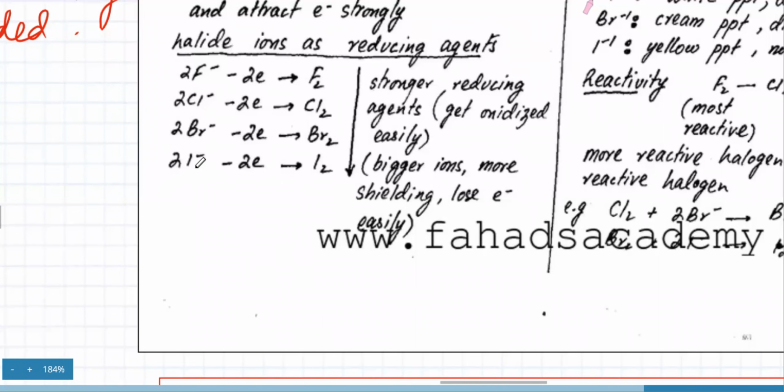So this one is a very good reducing agent. Anything that's getting oxidized would be acting as a reducing agent. Anything that's losing electrons would be giving electrons to someone else, and it would be reducing the other substance. Hence, it's a good reducing agent. So the bottom two are pretty good reducing agents, especially the bottom two. These are very good reducing agents.